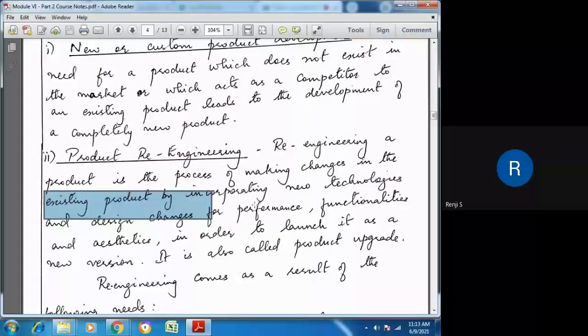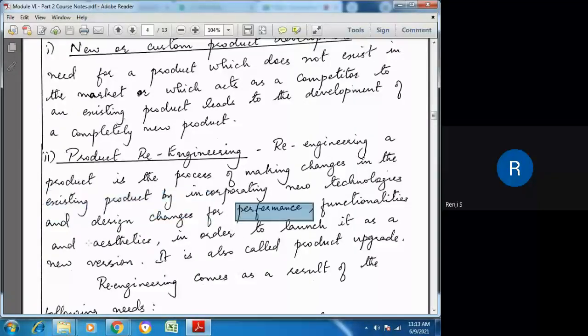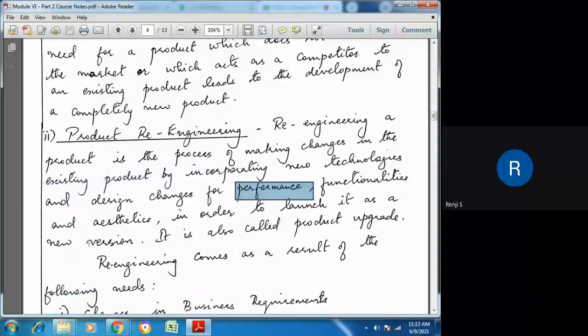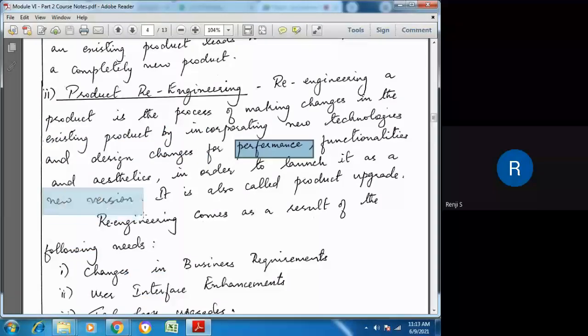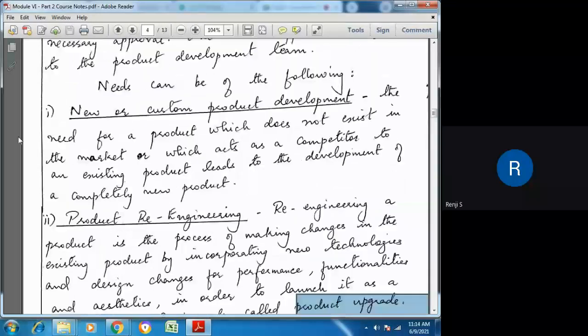You are modifying the existing product and adapting it to new technologies, and we call it re-engineering. The need can arise from re-engineering or design changes for performance, functionalities, aesthetics, look, etc. After re-engineering, the existing product emerges as a new version, and that is called a product upgrade.